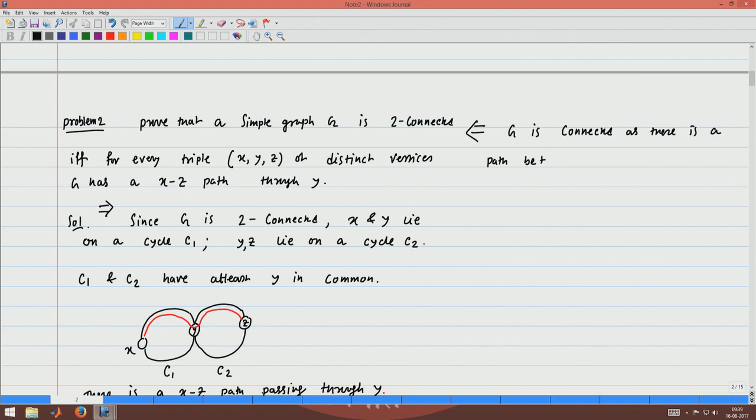Now, suppose that G has a cut vertex v. That means, if you remove this v from the graph G, then the graph will become disconnected.